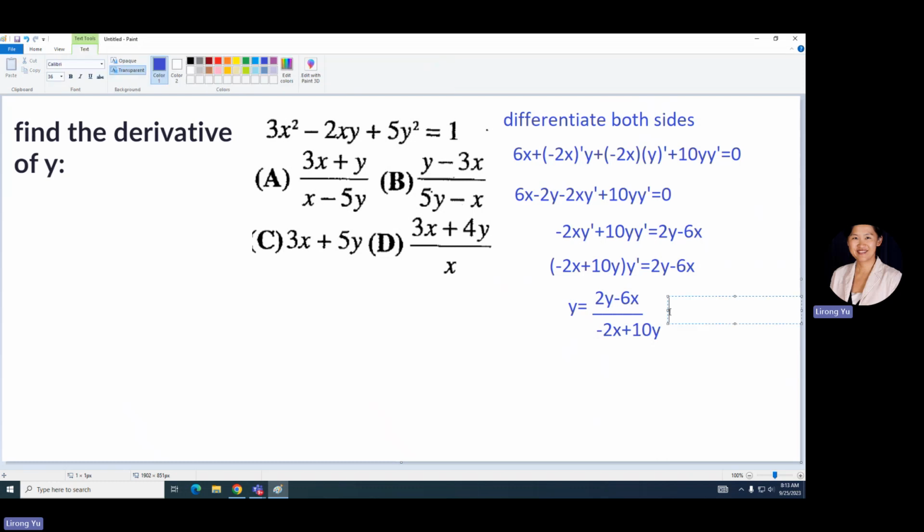We realize that there's a common factor and that it doesn't look like any of those choices. We have to factor out the common factor between the numerator and denominator in order to determine the final answer. Let's see.